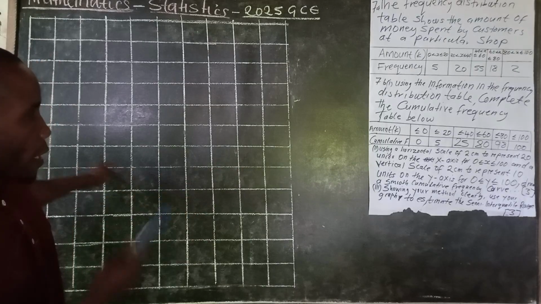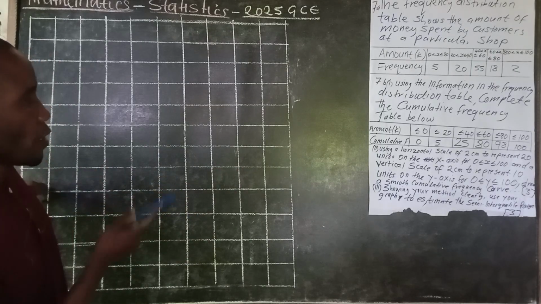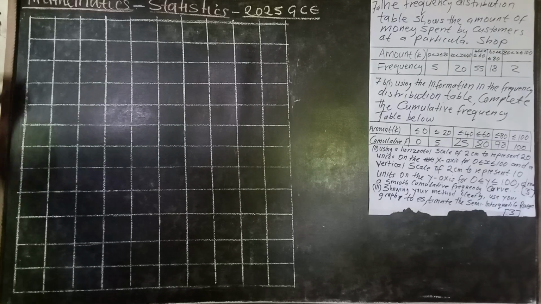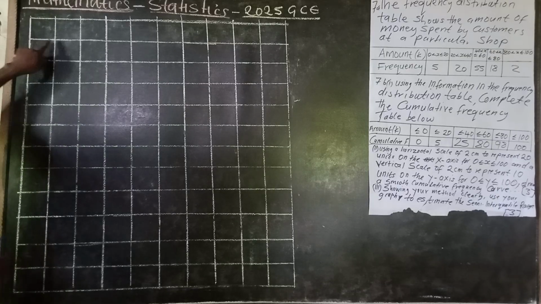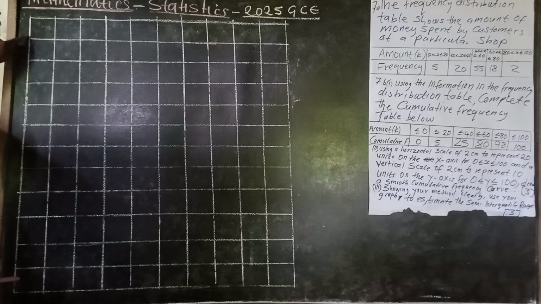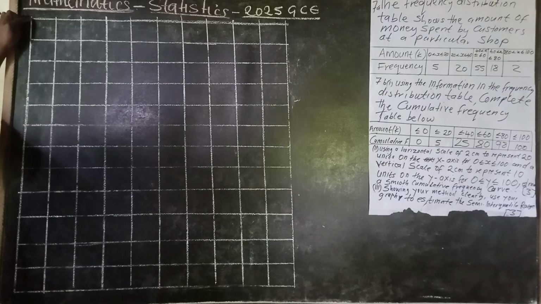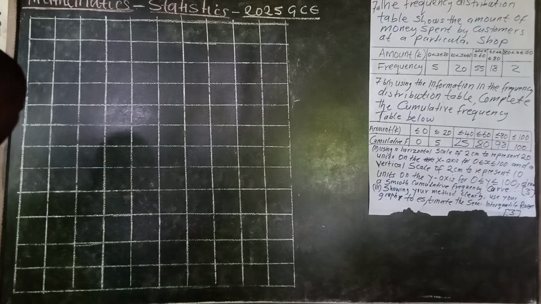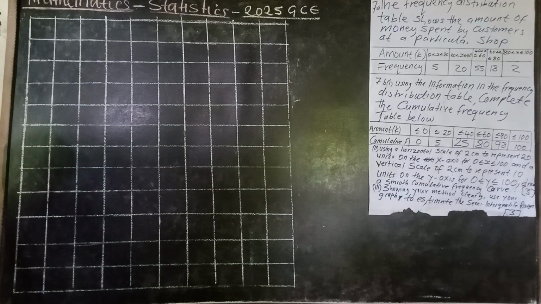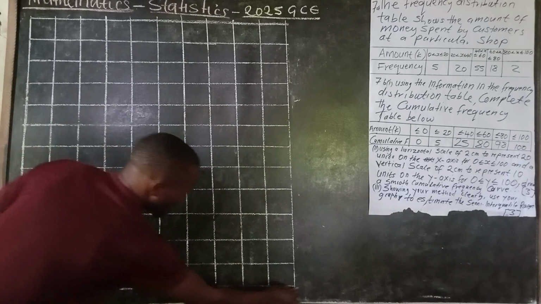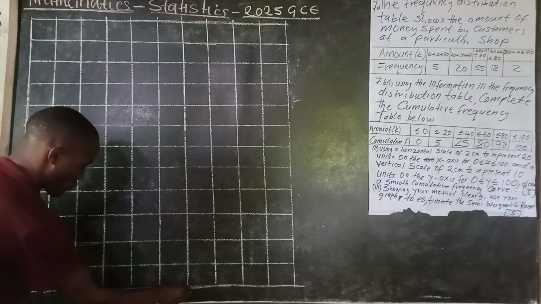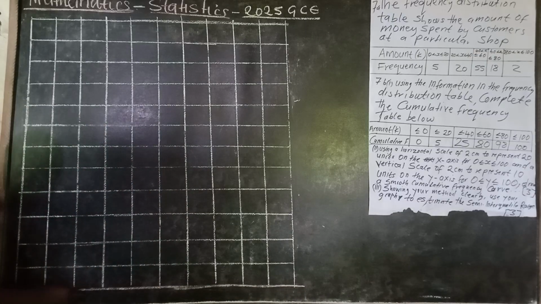So what you do here, the information is saying using a horizontal scale of 2 centimeters. When they say 2 centimeters on your graph, they mean this box from here up to there is 2 centimeters, or from here up to there is 2 centimeters. That's what it means. Now they are saying 2 centimeters to represent 20 units on the x-axis. So the x-axis in this case, we are going to make the last line on the graph there. You can start from there.